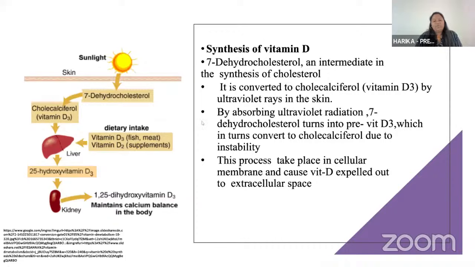Next, let's move on to the conversion of cholesterol into vitamin D. 7-dehydrocholesterol acts as an intermediate in this synthesis, converting into vitamin D. First, cholesterol is converted into vitamin D3, which is cholecalciferol, in the presence of UV rays.